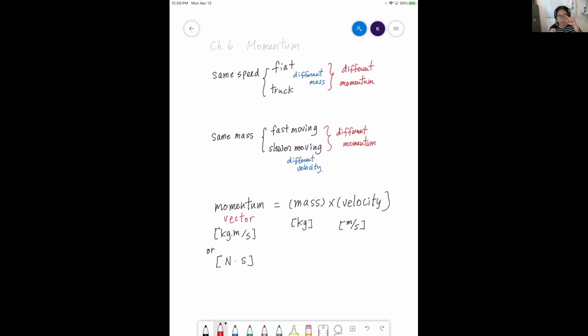The direction of momentum is parallel to the motion, its velocity.